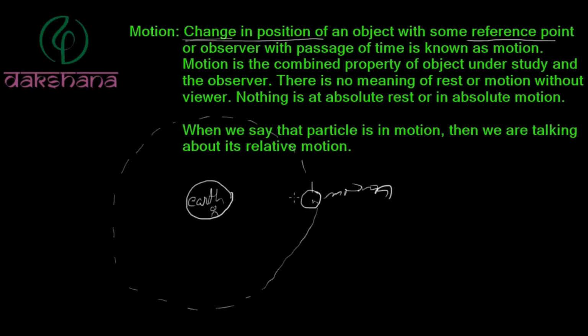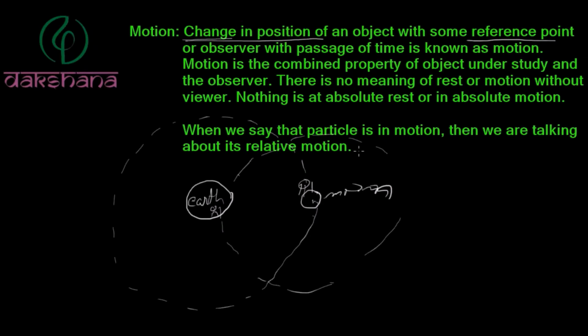Now if there is an observer on the moon, he will observe that the earth is moving around the moon in a circular path. So actually the motion observed from different frames will be different. Standing on earth, we observe that earth is at rest and moon is moving. If we are standing on the moon, we observe that earth is moving and moon is at rest.